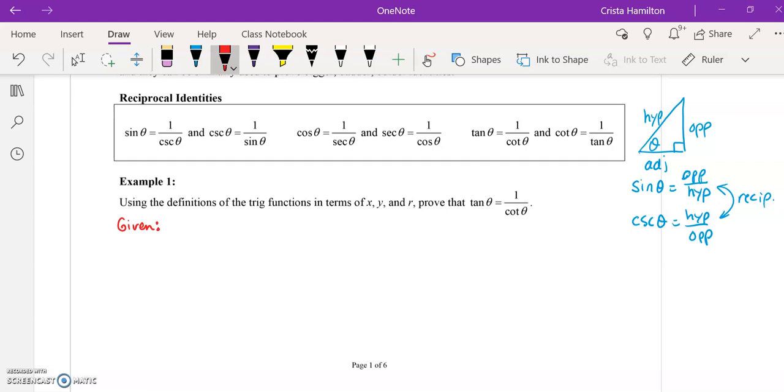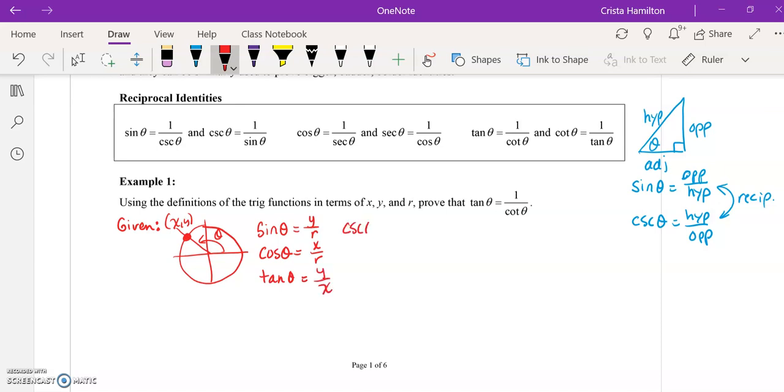We're given a terminal point, and that terminal point can be anywhere, (x, y), for some angle theta. And the terminal point definitions were that sine of theta was y over r, cosine of theta was x over r, tangent of theta was opposite over adjacent, which is y over x, and your cosecant of theta is r over y.